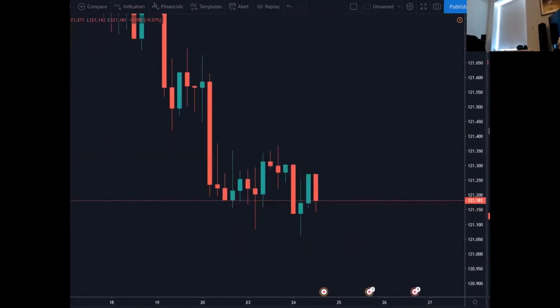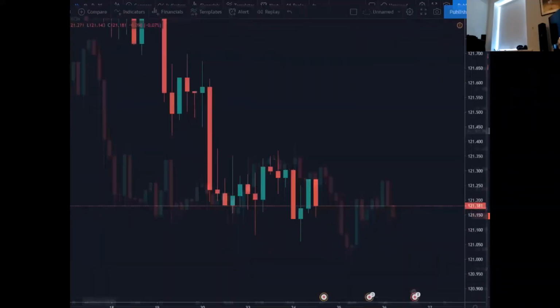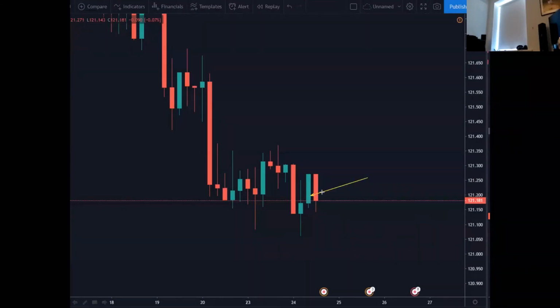Now when we look at the 1 hour time frame, there's a lot of information here. Whenever you see a lot of information, you have to go to the higher time frame, because this is a lot of noise. You go up one level, and on that level you have to see simplistically what's happening. So when we go to the 4 hour time frame, when we look at the candles, we see that this is a bearish candle.